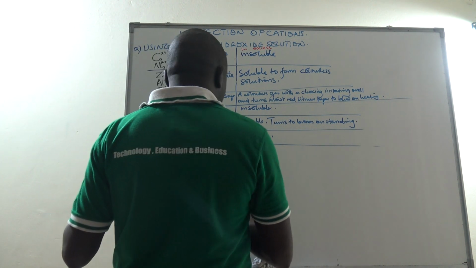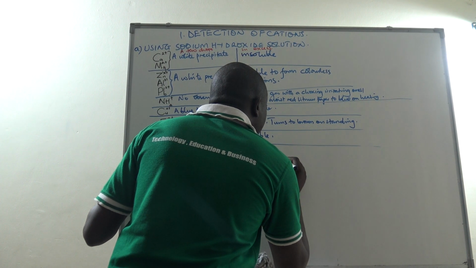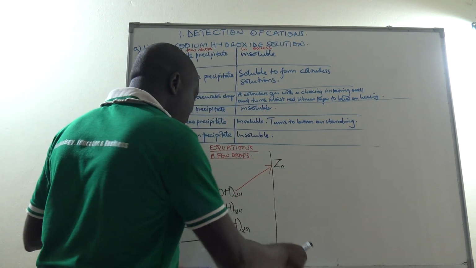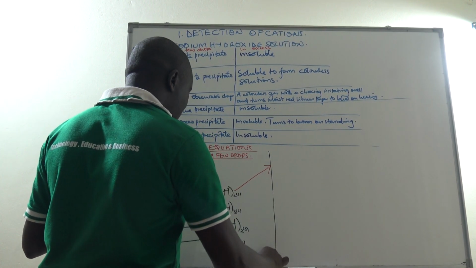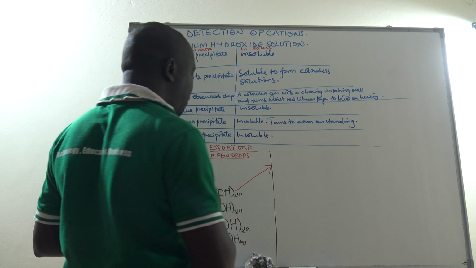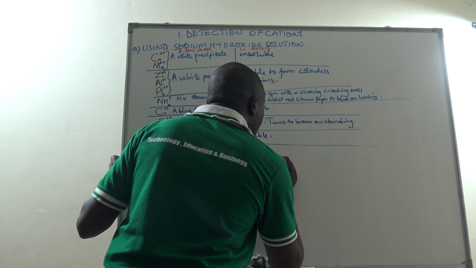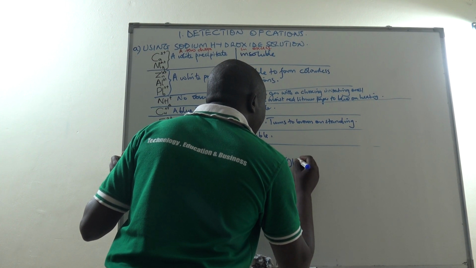In this case, for zinc hydroxide, the white precipitate formed. Let me use blue to show that they are now different, it is now in excess, to give us a clear distinction. So the zinc hydroxide.